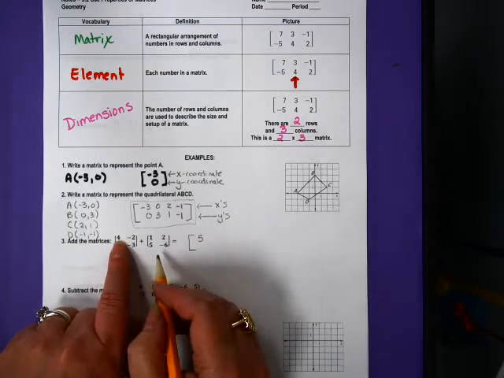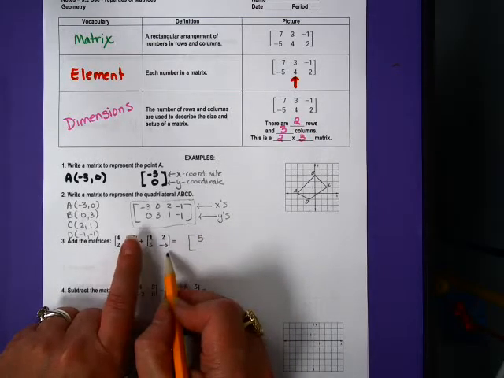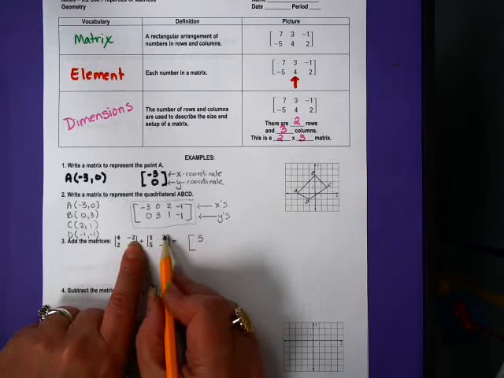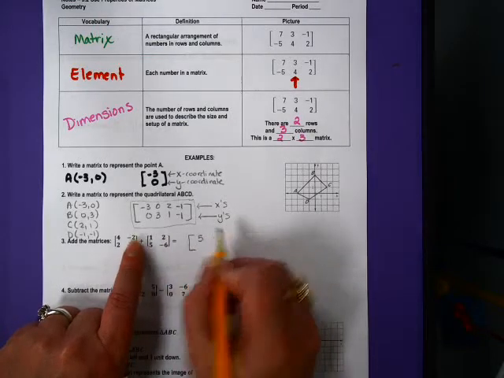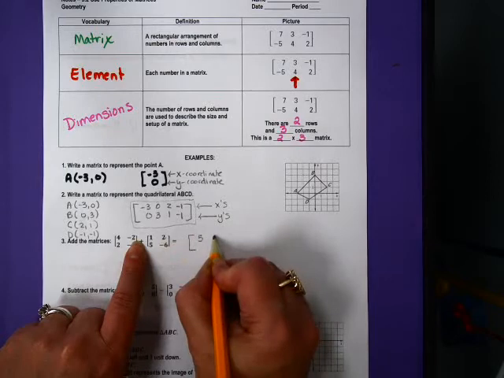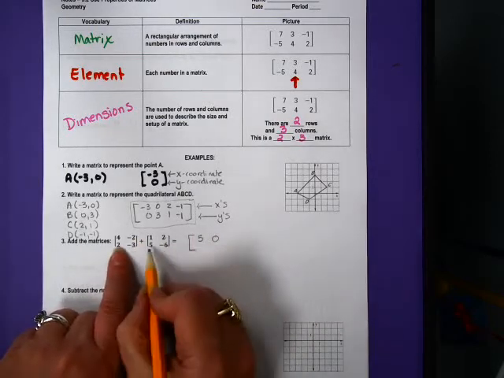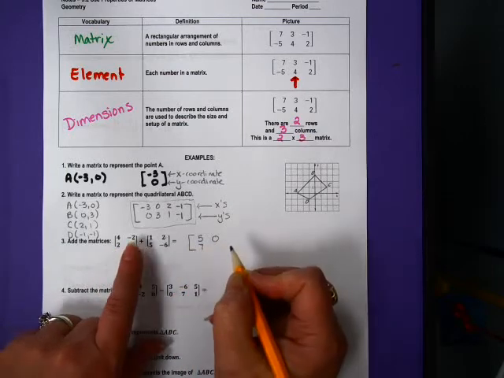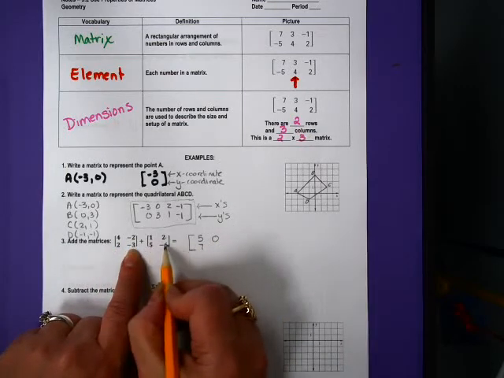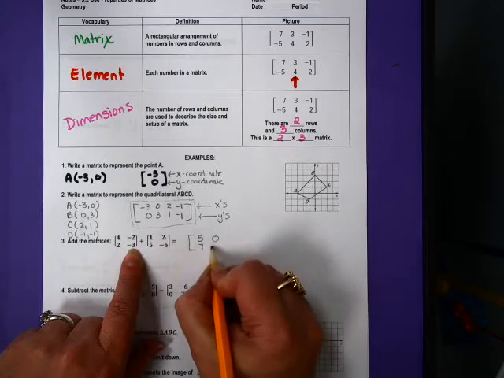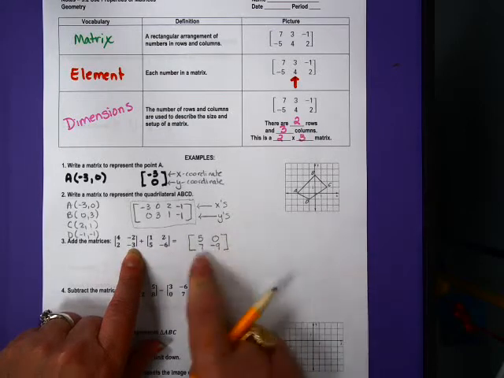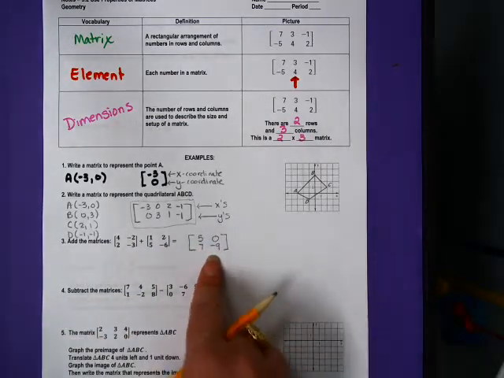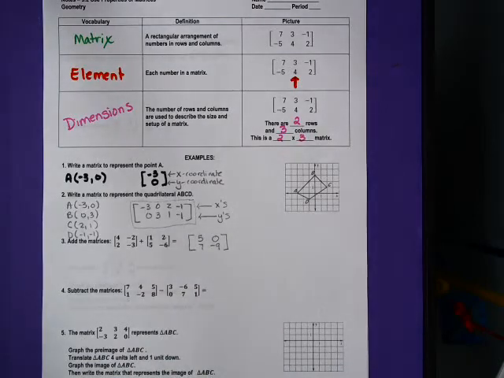Then the top right-hand corner, that's -2 plus 2, which is 0. 2 plus 5 is 7. And -3 plus -6 is -9. So this would be the answer, the matrix.